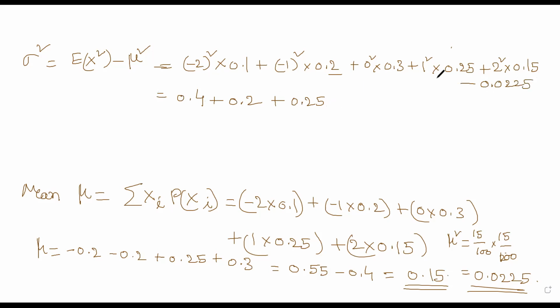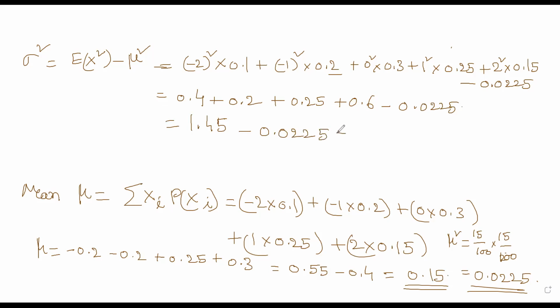Now this 2 square into 0.15, that is 0.6 you are going to get. So let's sum up. 0.6 plus 0.6 is 1.2. 1.2 plus 0.25 is 1.45, right?